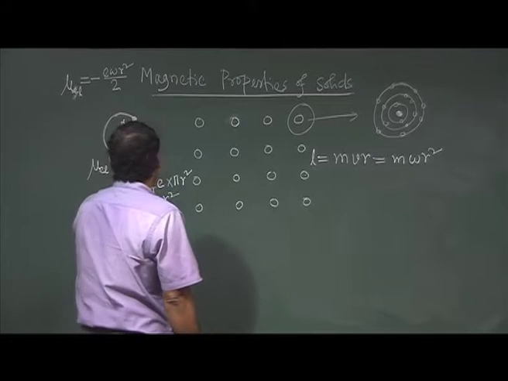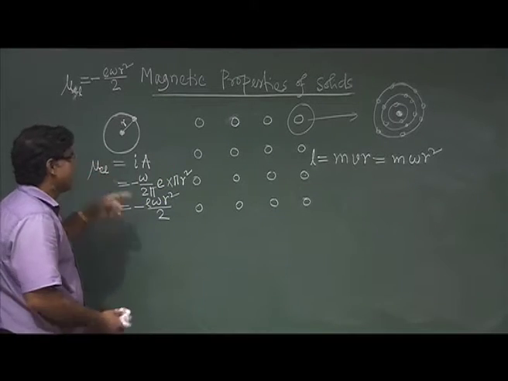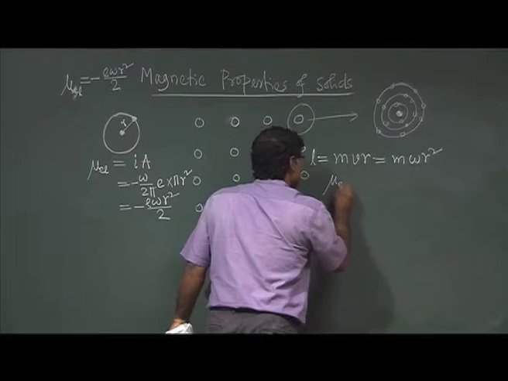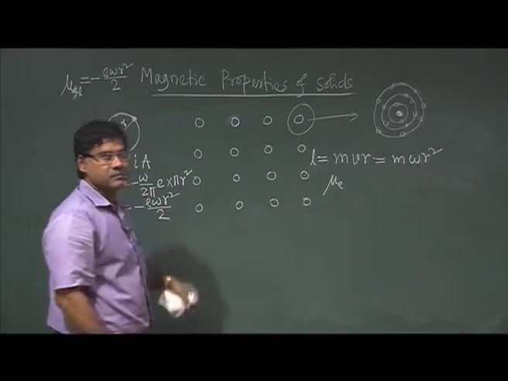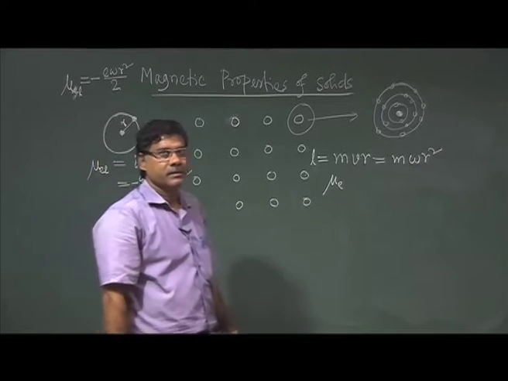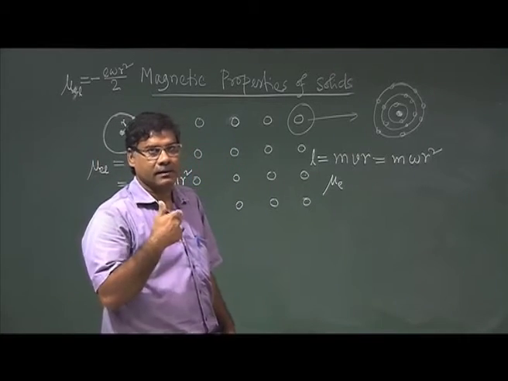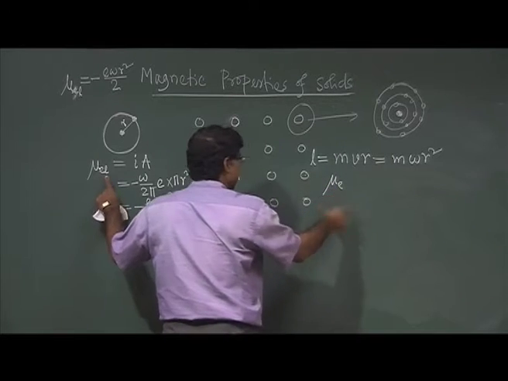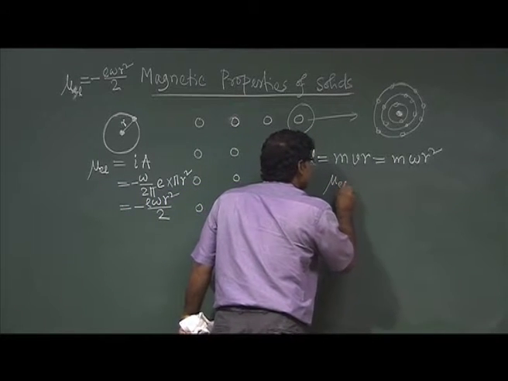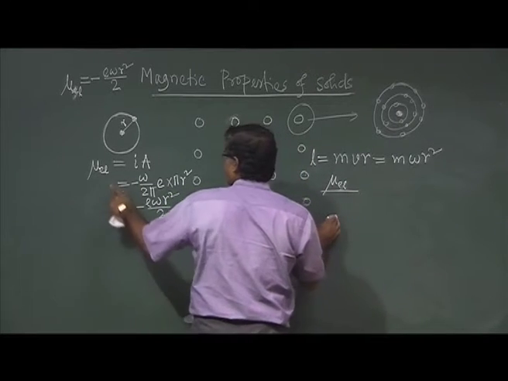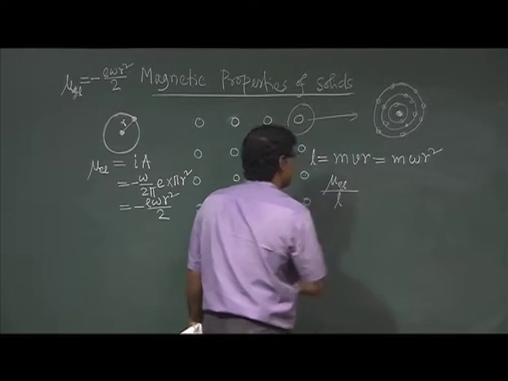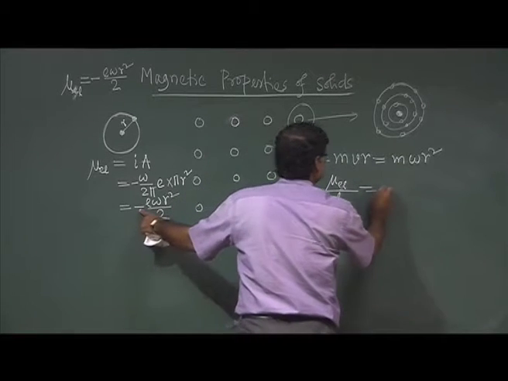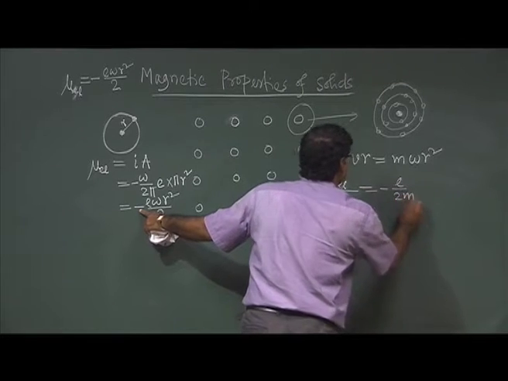So if I take the ratio of the orbital magnetic moment mu L to the orbital angular momentum L, this ratio will give you minus E by 2m, right.